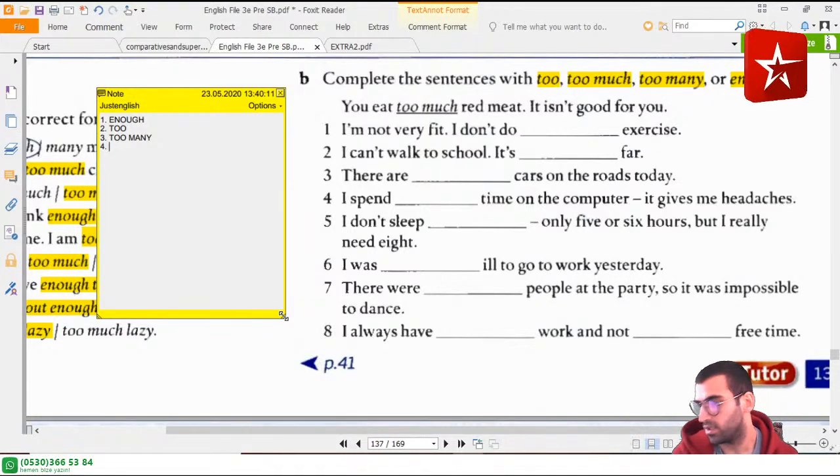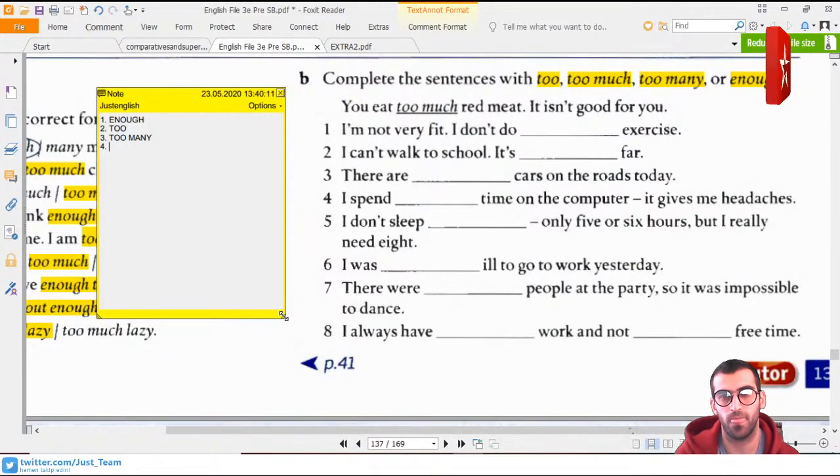Okay, and let's continue with number 4. I spent blah blah blah time on the computer. It gives me headaches. Yes, too many is the correct answer for number 3. What about number 4?